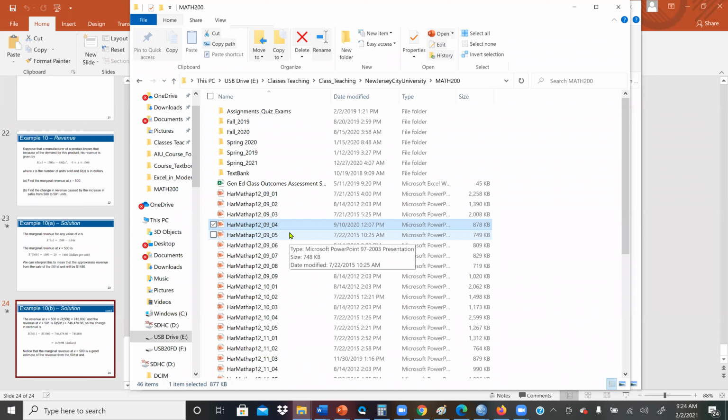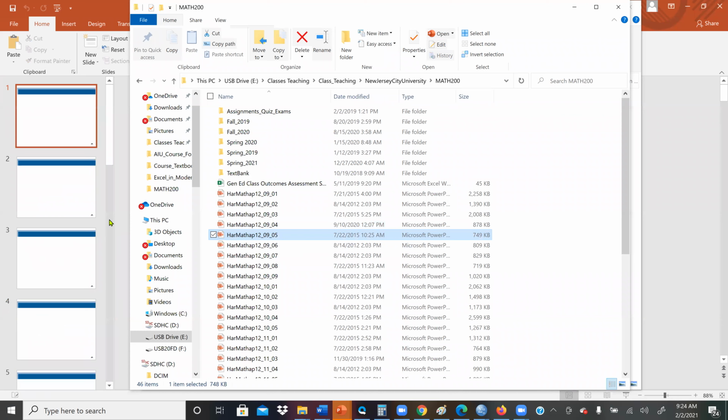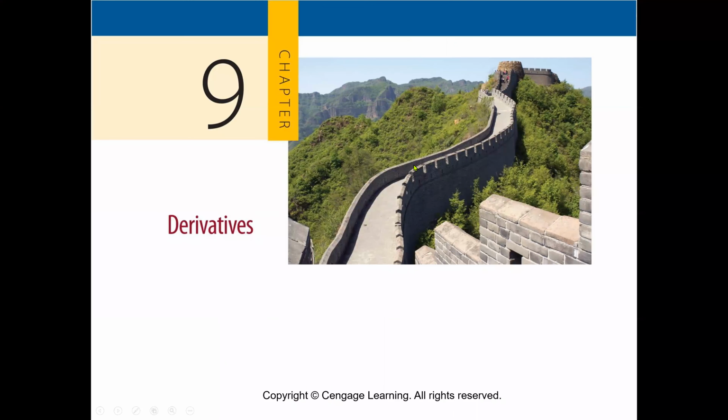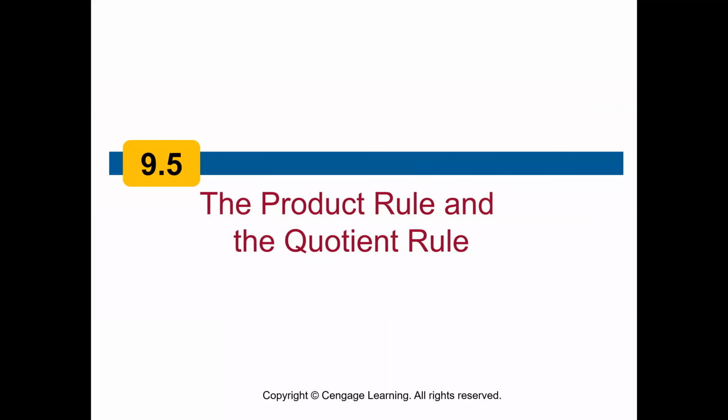Then you apply them to addition and subtraction. But when you come to product and division, there's a little bit of a trick. We have the original formula, and we have to use the original formula that they gave us before we apply the derivative law. So that's what we will go through now, the product rule and the quotient rule.